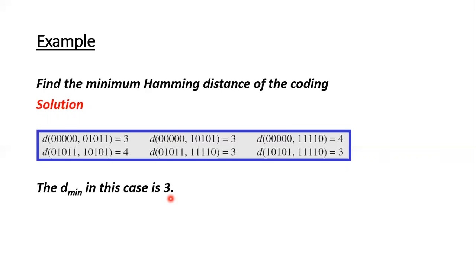So how are the Hamming distance and errors connected? Okay, when a code word is corrupted during transmission, the Hamming distance between the sent and the received code word is the number of bits affected by the error.